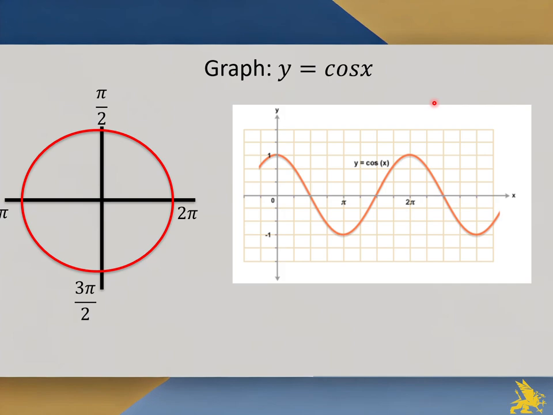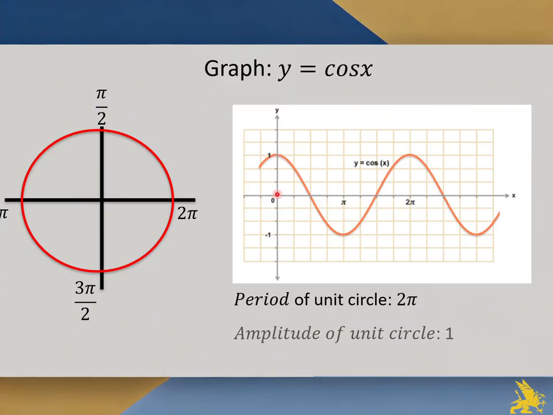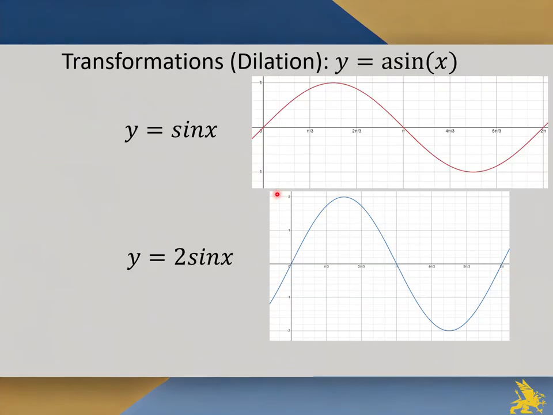Because we're going around a unit circle, we can clearly see our period is 2 pi and our amplitude is 1 at the moment. Now let's look at dilation. Dilation refers to stretching away from an axis.